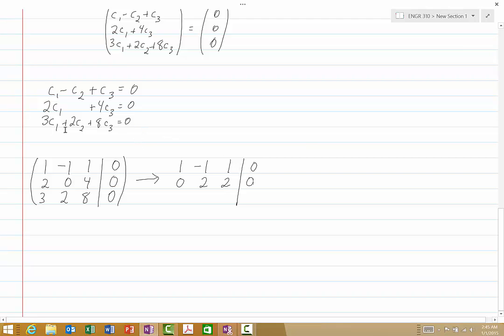Now we're going to add -3 times the first row to the final row. -3 times 1 is -3, and 3 gives 0. -3 times -1 is +3, and 2 makes 5. -3 times 1 is -3, and 8 gives 5. And -3 times 0 is 0, plus 0 is 0.